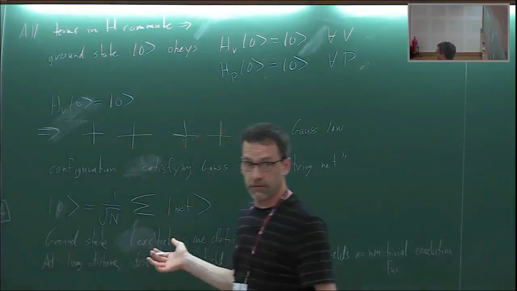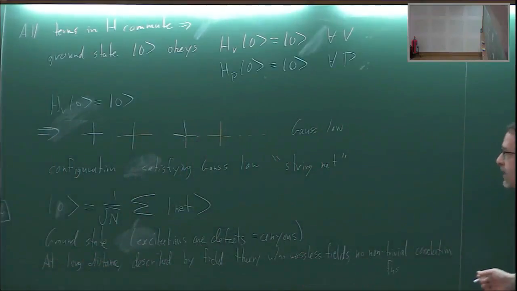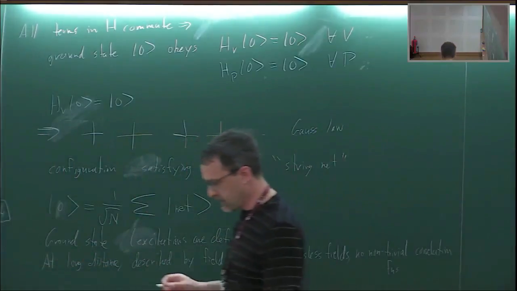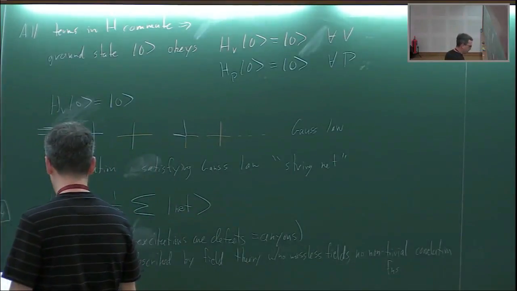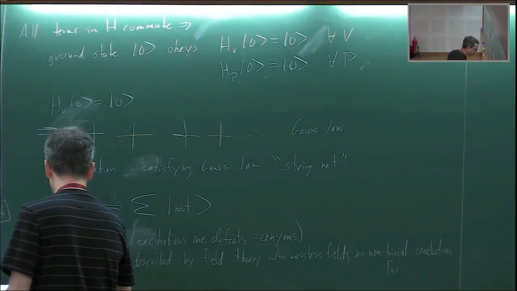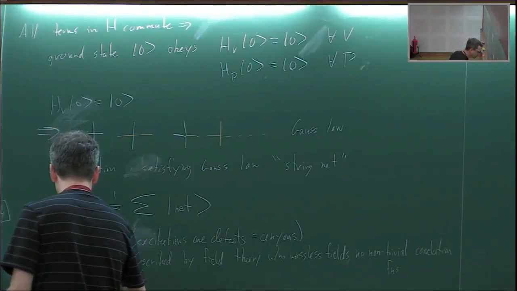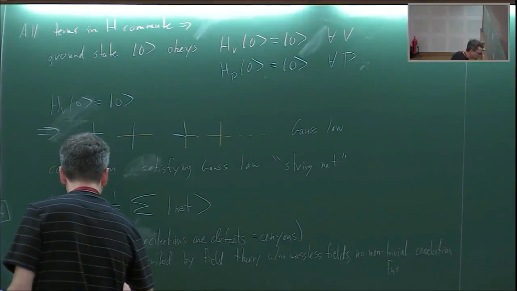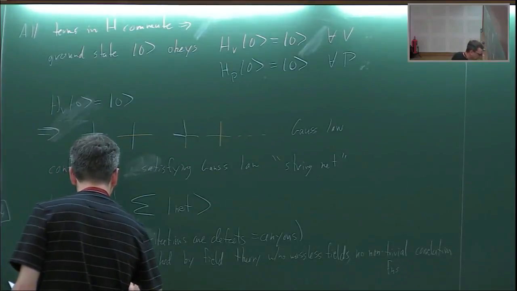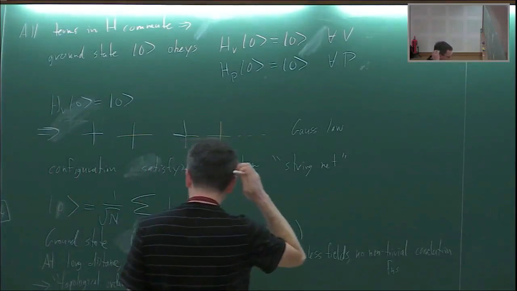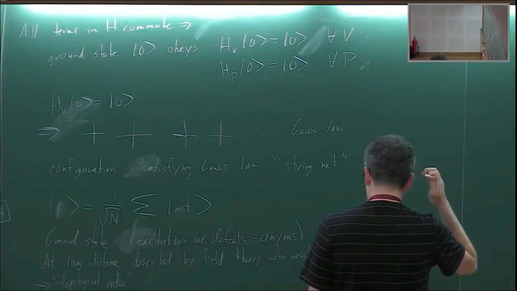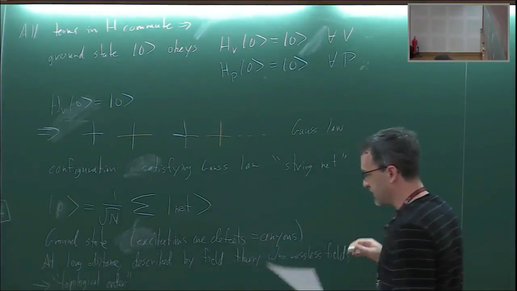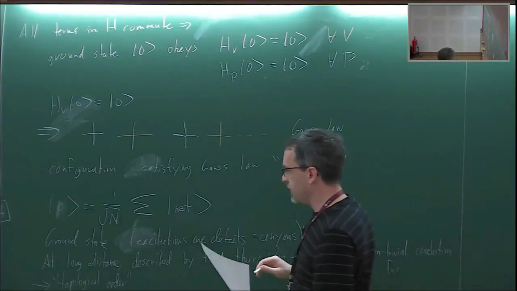And that torus could be very large. So this theory actually has what's called topological order. And it's what's called a topological quantum field theory.